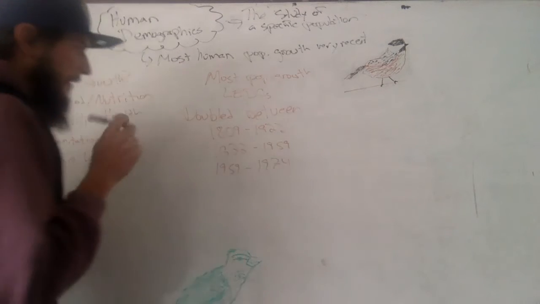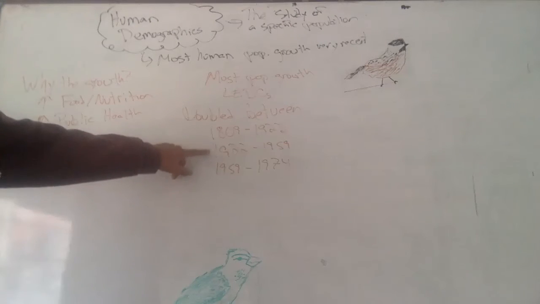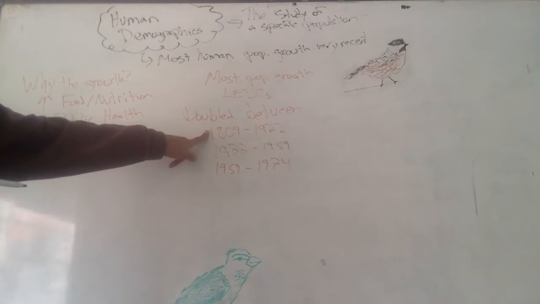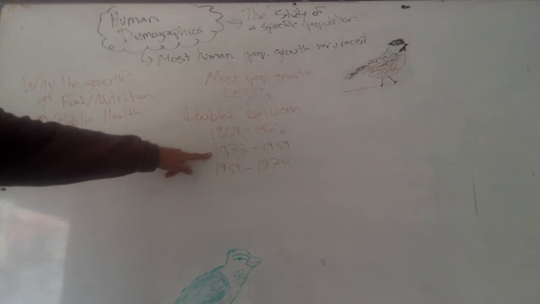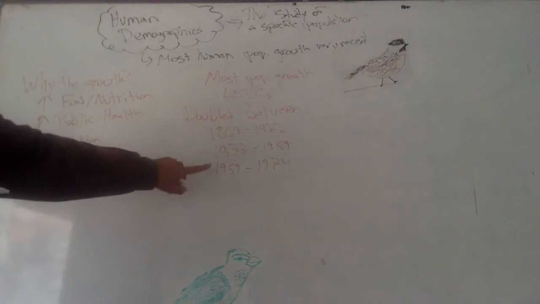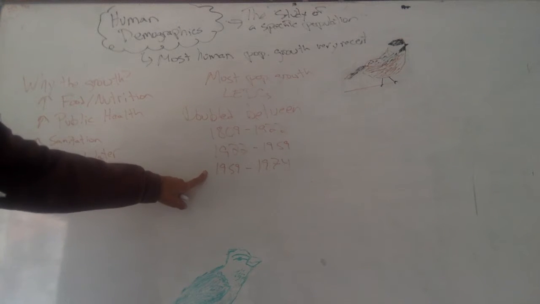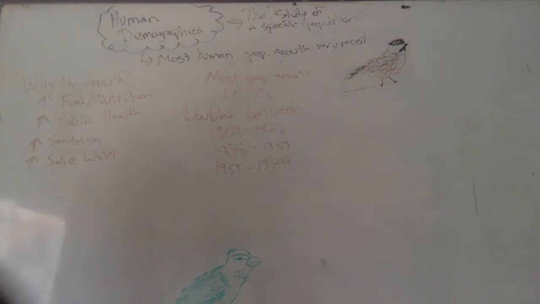You might notice that the time span of these is getting shorter and shorter, right? We have over 100 years for the first doubling time, about 37 years for the next, and less than 20 years for the last. Now it's happening relatively quickly.